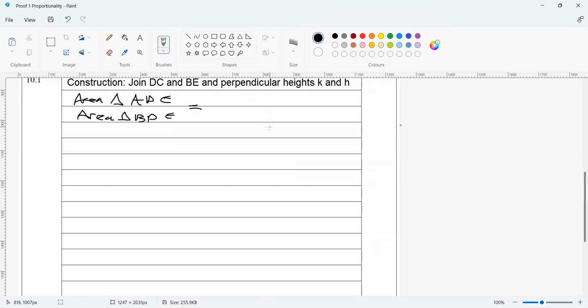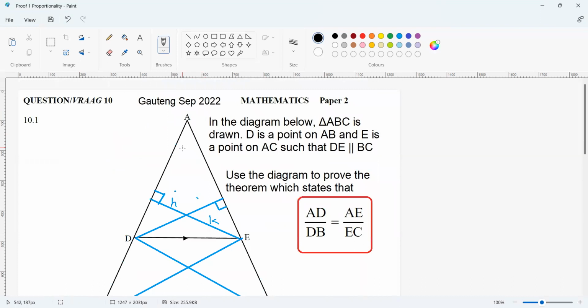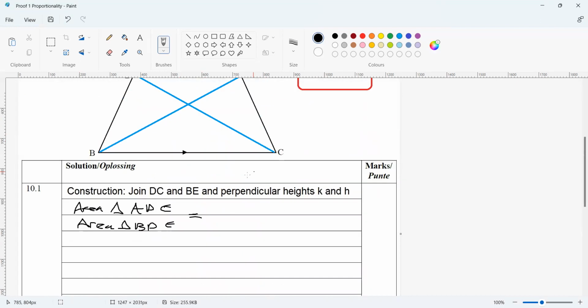What do we have? We know the area of a triangle is half base times height. So it will be half AD times H over half BD times H.